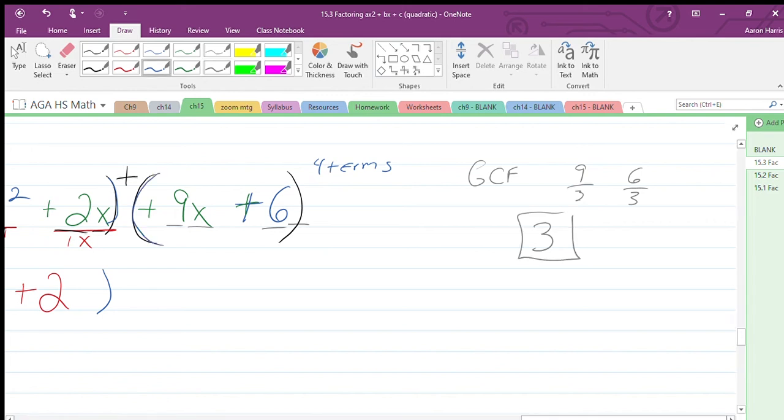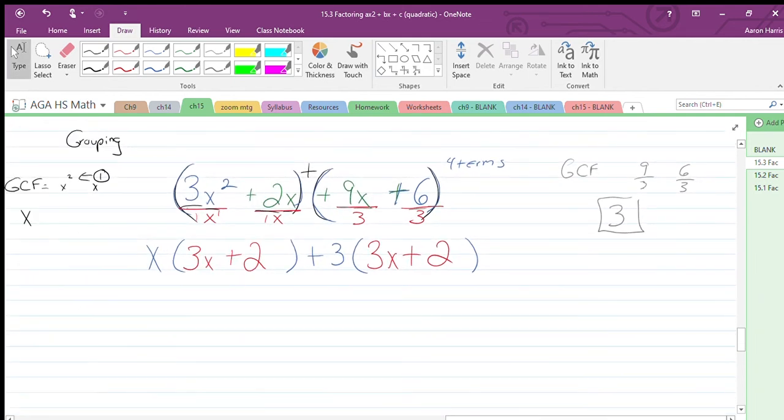So parentheses, make my empty parentheses, put my GCF out front. Okay, so the 3. And now I divide by what? 3 to each term. 9 divided by 3 is what? 3. Bring down the x. 6 divided by 3 is what? 2.